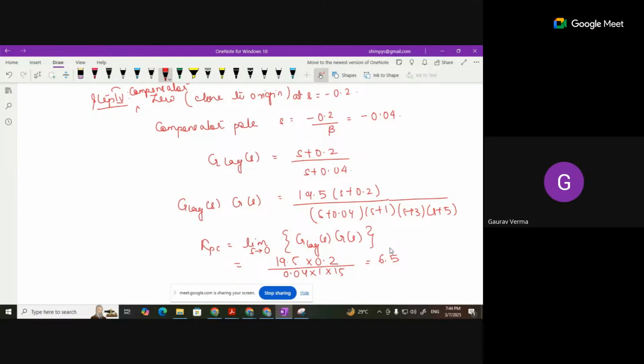If I get this question in my quiz, it will hardly take 5 minutes when you practice, not more than that. And the value of beta, like we took it to be 5 in this case, doesn't matter. If it is not given, you can assume it to be 5, 10, 20. But if it is given, you can take that, as in the previous problem, where it was given as 20.